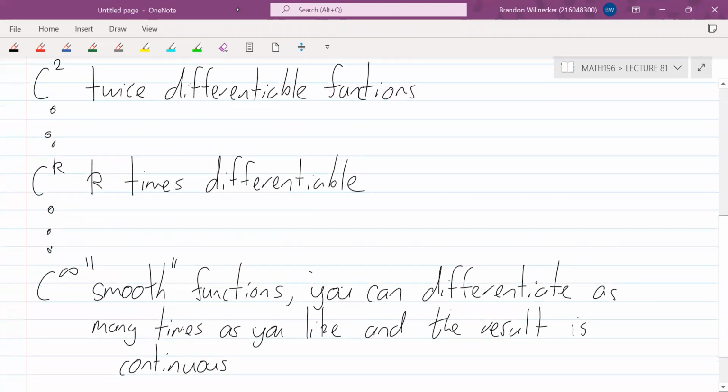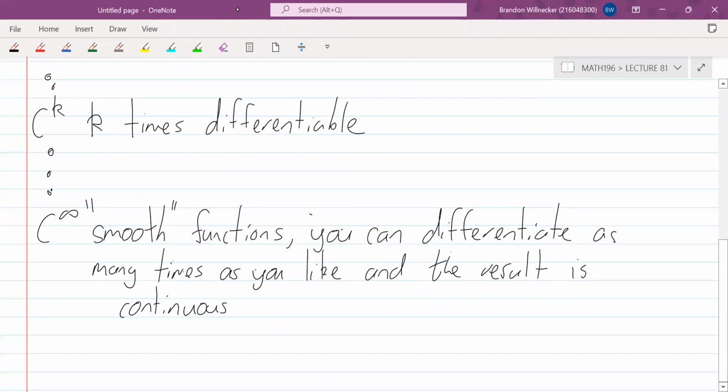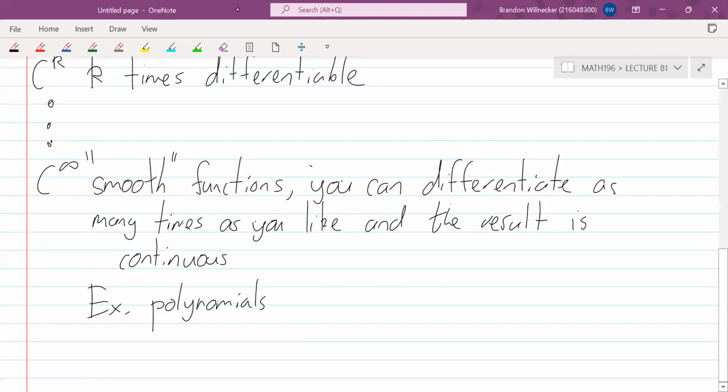Examples of smooth functions are polynomials. For example, if you have f of x equals x squared, you can differentiate once and you'll get 2x.